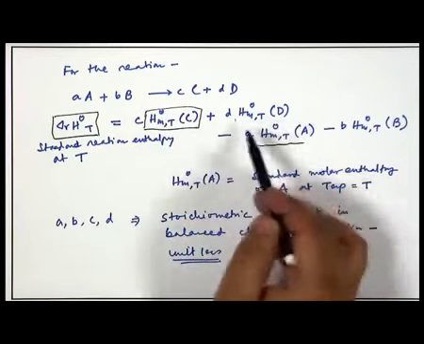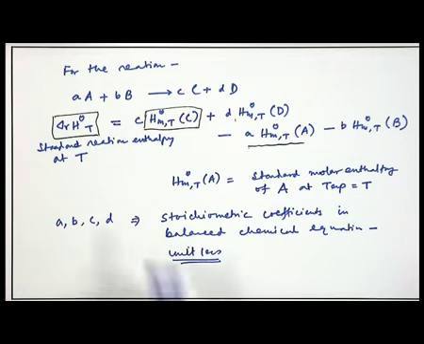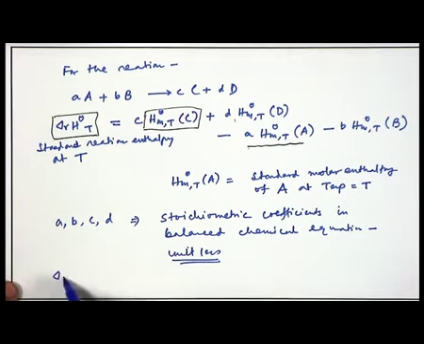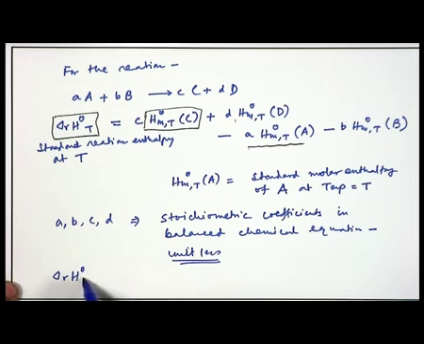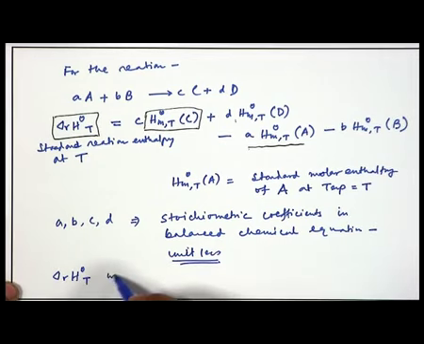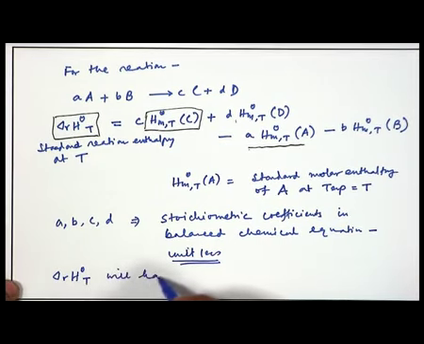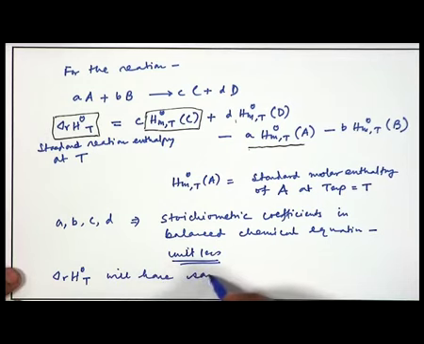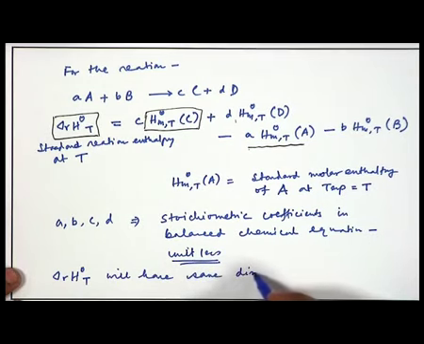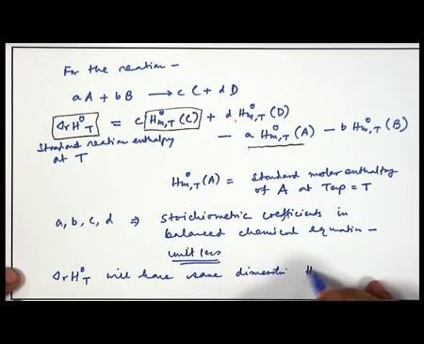They all have the same dimension, same units, which means delta H R 0 T will have the same dimension or unit as H M, which is what?